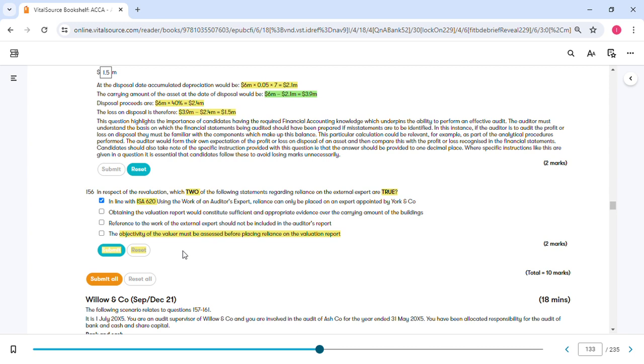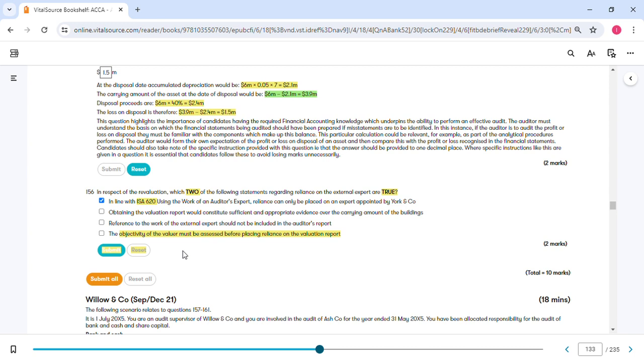The moment we are relying on expert advice, the first point is whether we are doing it with all proper justification and requirement or not. That is the first point we should take into consideration.